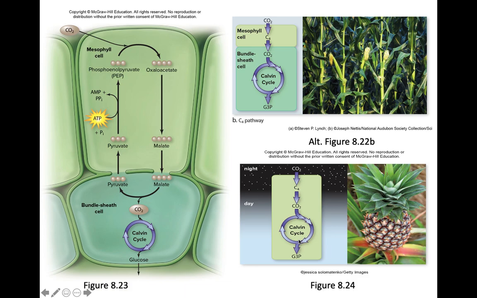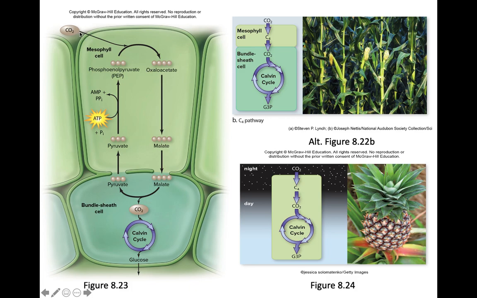So an analogy to think about in these two different pathways is that you can think about C4 plants as being commuter plants. The carbon dioxide is taking a bus to its job every day. That bus is malate. So carbon dioxide is getting on the malate bus, and it's traveling from the mesophyll cells to its job in the Calvin cycle that's happening in the bundle sheath cells.